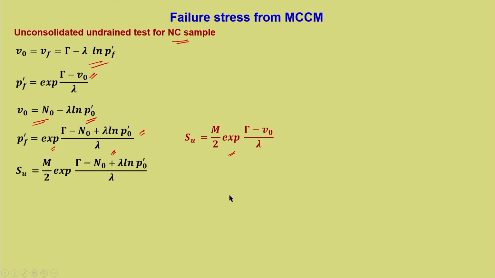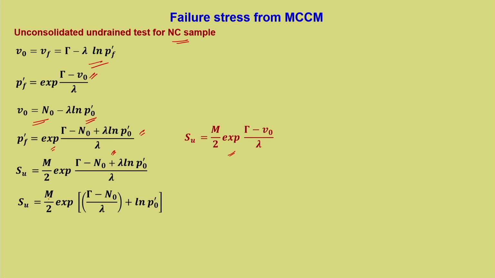Now, if you substitute for V naught here, P dash f can be written as exp gamma minus N naught plus lambda ln P naught dash upon lambda. Now, Su is also equal to m by 2 exp gamma minus V naught by lambda from the previous slide. So, Su can be written as m by 2 exp, substituting for P dash f, gamma minus N naught plus lambda ln P naught dash upon lambda.